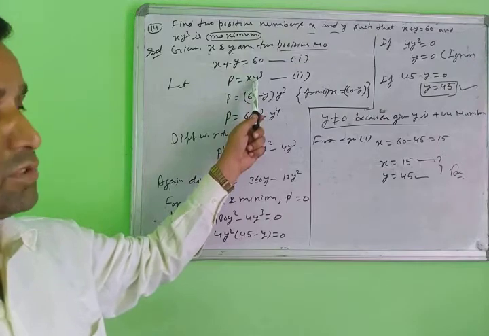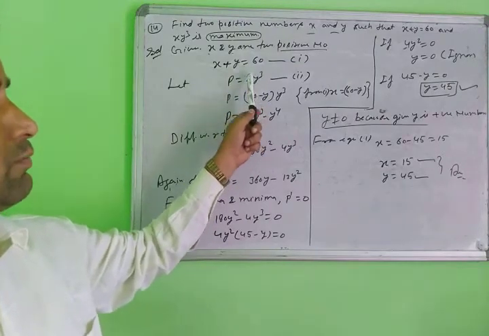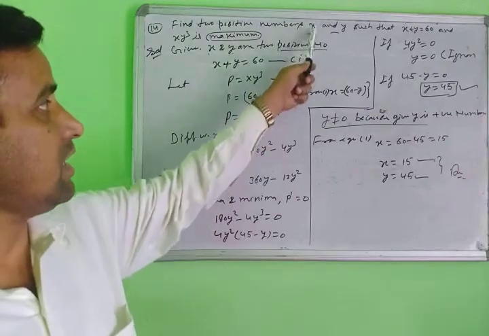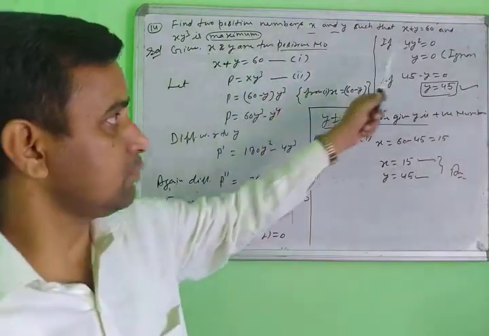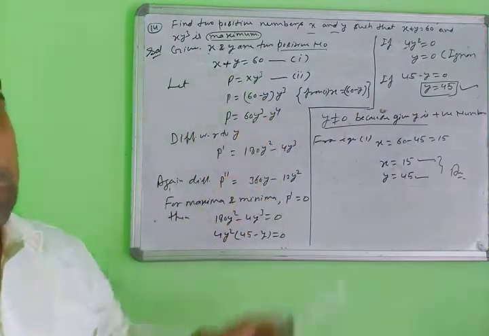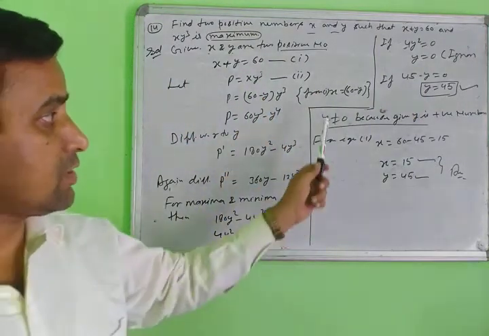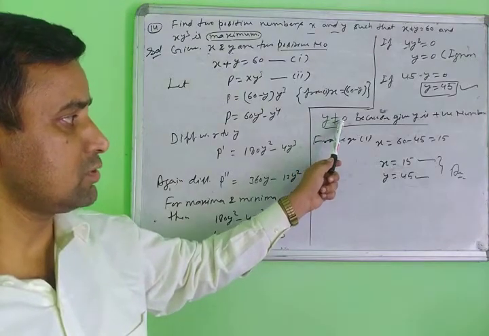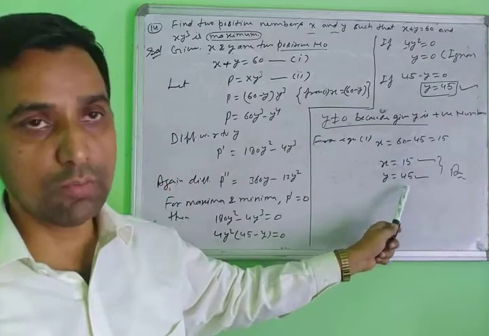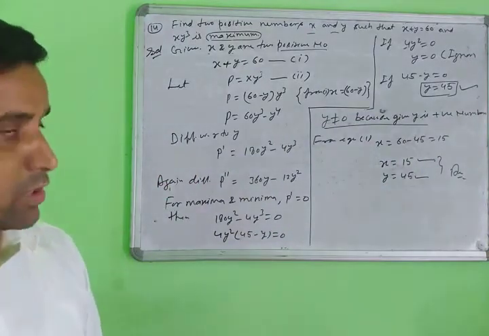There are two regions here: first what is given, second the maximum value region. Suppose you put the value 0 here, then the maximum value becomes 0. This is not possible. So we will not take y equal to 0, only take y equal to 45, then find the value of x. Let's note down the next question.